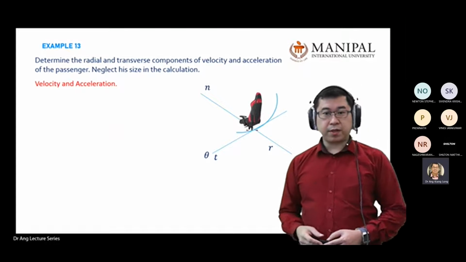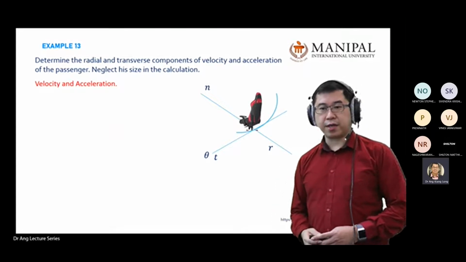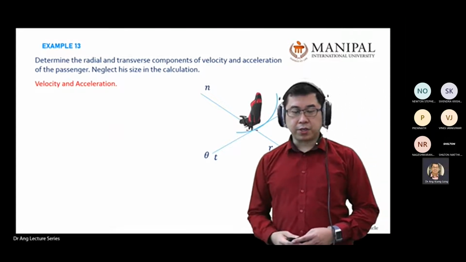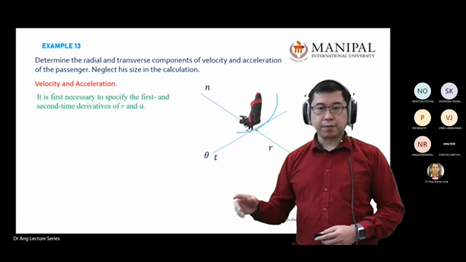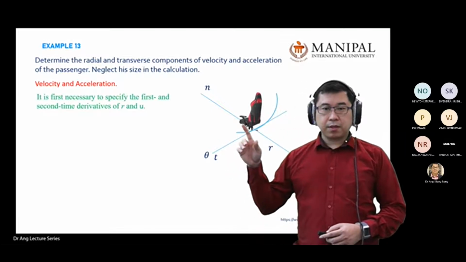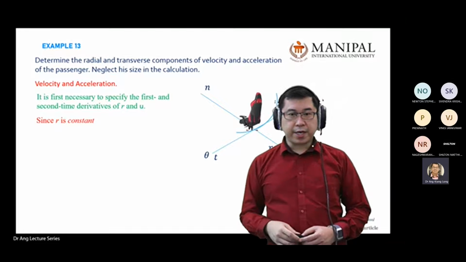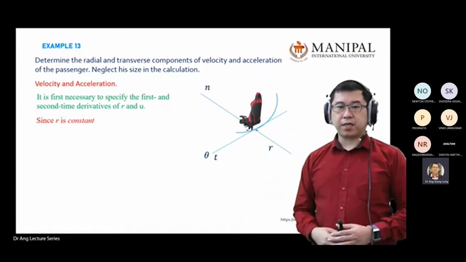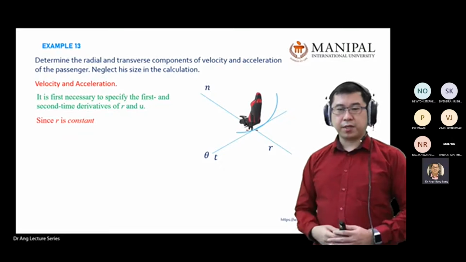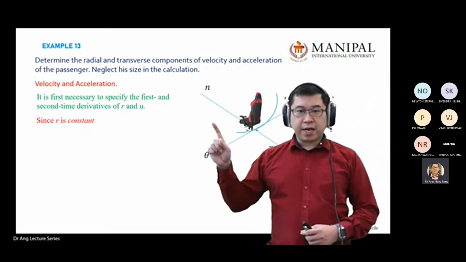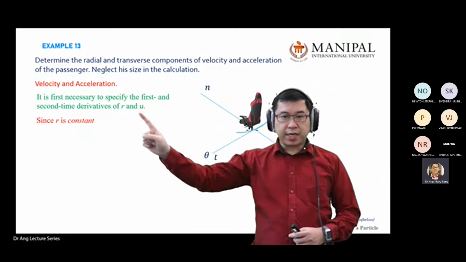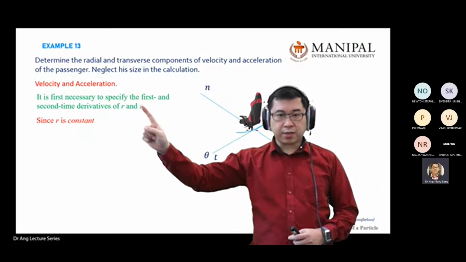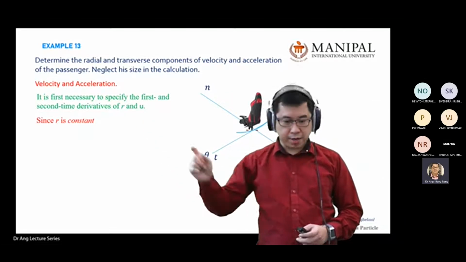So then we define our acceleration and velocity. In the previous derivation of our velocity and acceleration equation, we know that they are related to r and theta. So this one is theta, typo error, right?